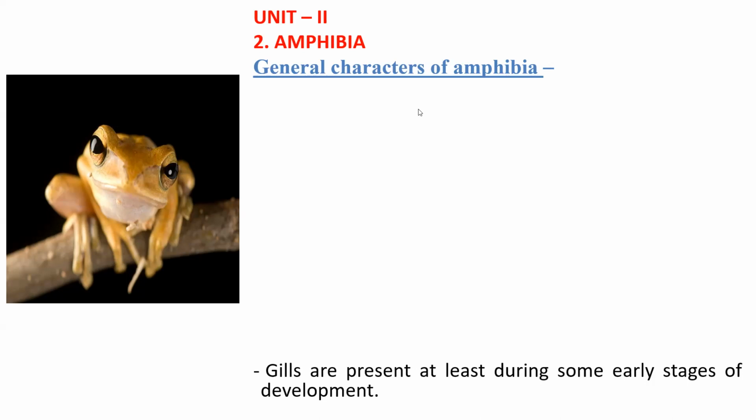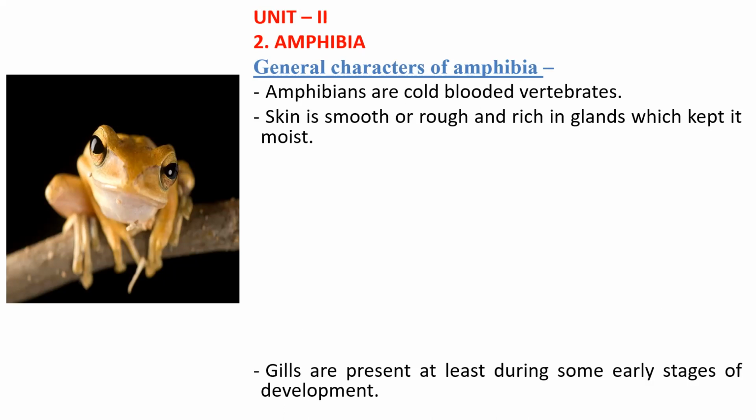So in all types of environments, they are capable of living. Then some general characters of amphibians: amphibians are cold-blooded vertebrates. The skin is smooth or rough and rich in glands, which keep it moist.